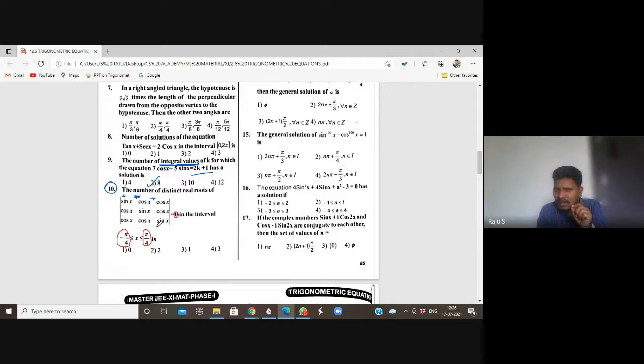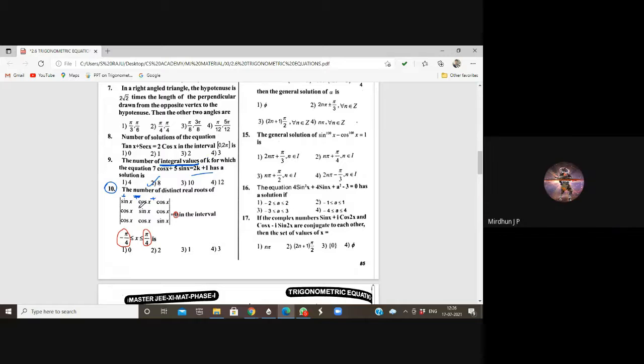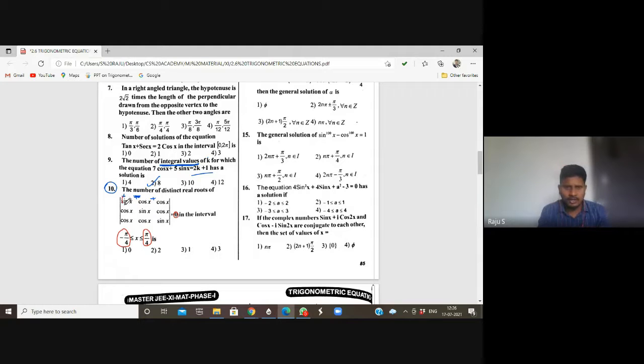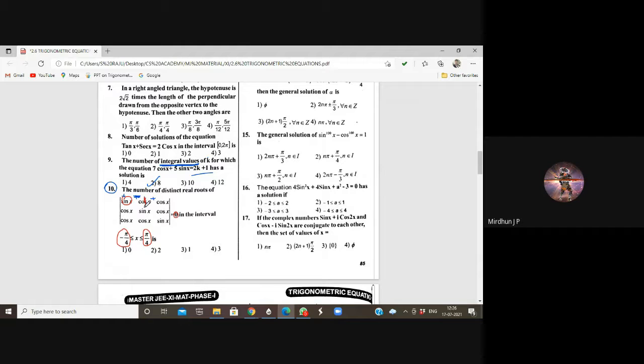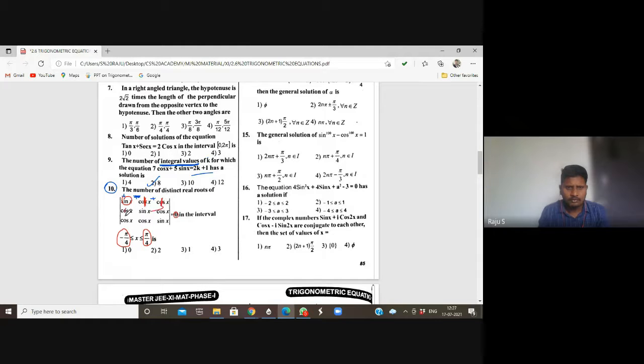When I take 0, which clearly belongs to this interval, what is sine 0? 0. What is cos 0? 1. So the matrix is 0, 1, 1; 1, 0, 1; 1, 1, 0. The diagonal is 0 and the remaining elements are non-zero, so the determinant is not equal to 0.